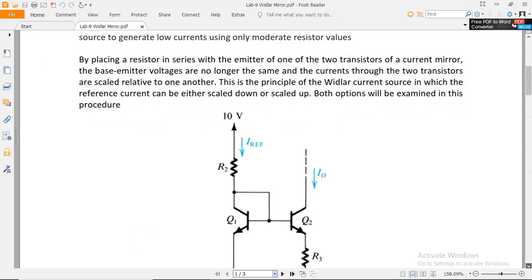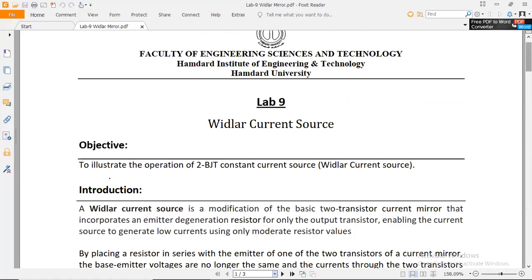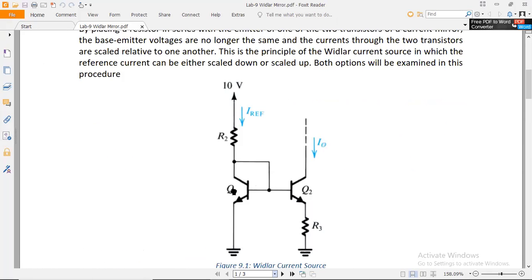It is the same circuit that we discussed in lab 8, but the difference is we performed the practical on MOSFET transistor, while here we discuss the experiment with BJT transistor. If you can see, we provide the source voltage with the reference current, that is the input current here, and we get the output in the form of output current.